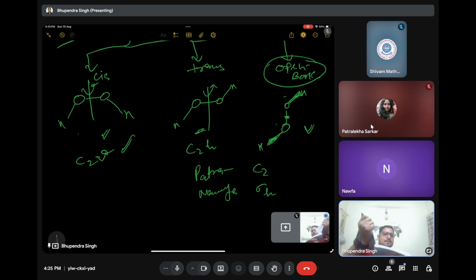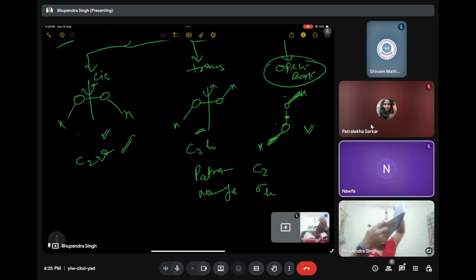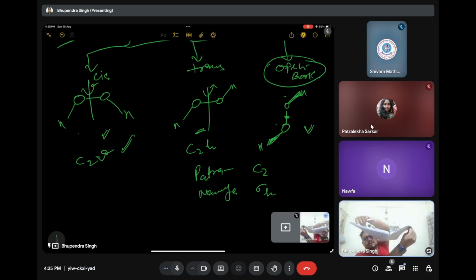If you place the mirror here, it will invert your molecule like this. So sigma h is not present, definitely. So this is wrong. Now sigma h is not present. Sigma v is there or not? Tell me. Sigma v is there or not?